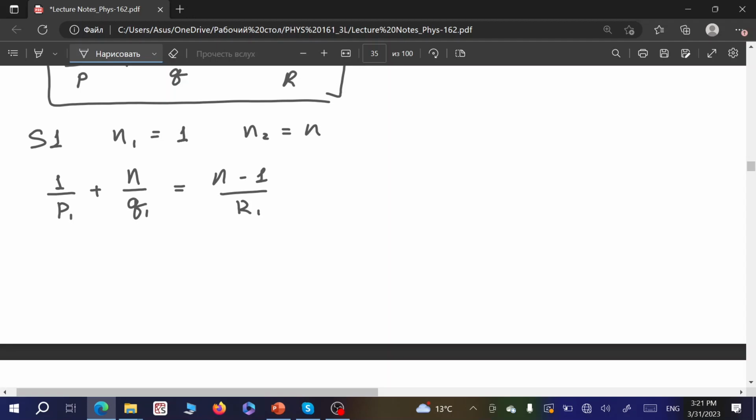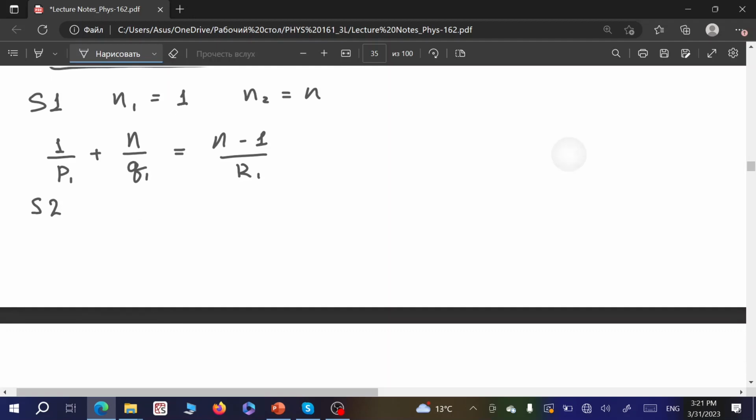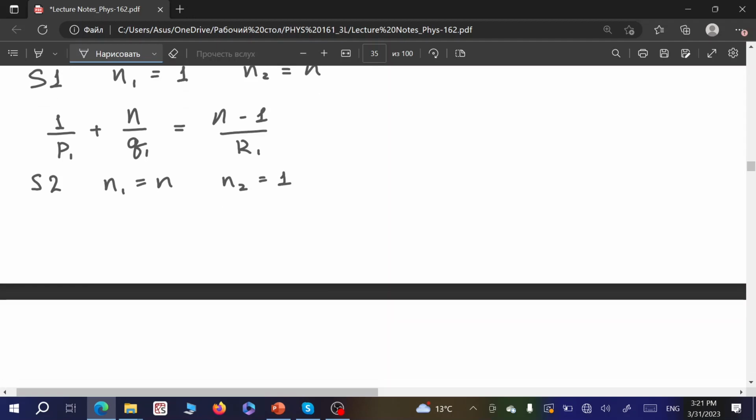Now let us consider the second interface. It will be glass-air. In this case, N1 will be equal to N, and N2 will be equal to unity. So we can write N divided by P2. P2 in this case will be the distance from the image created by the first interface to the second interface.